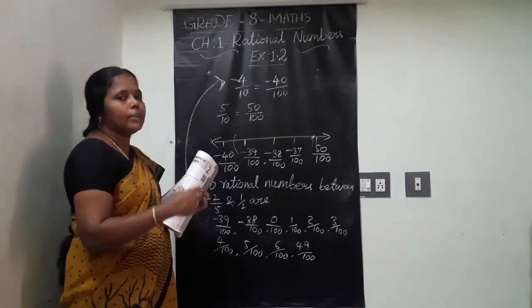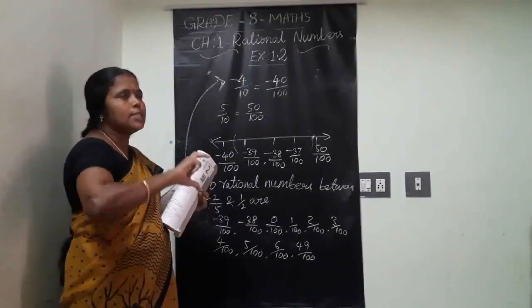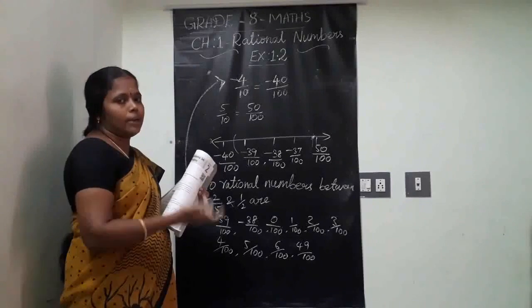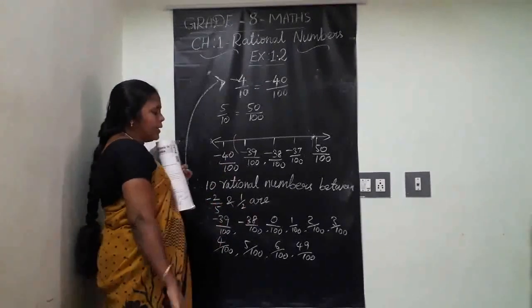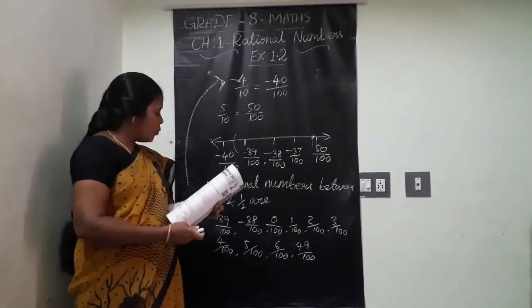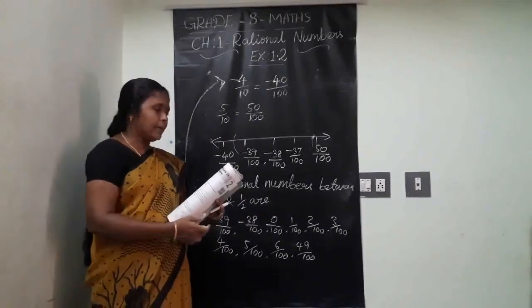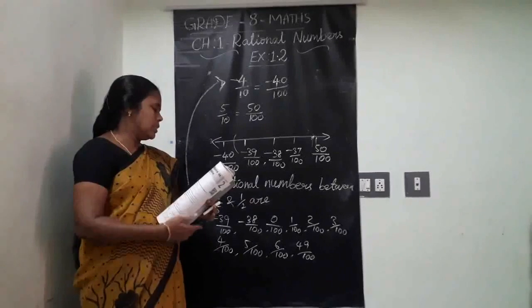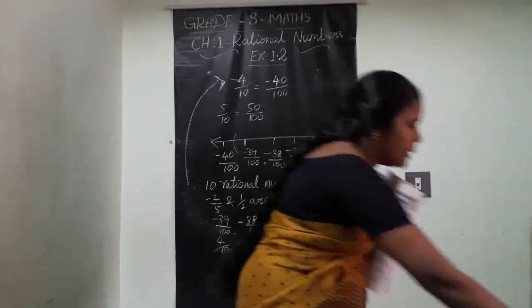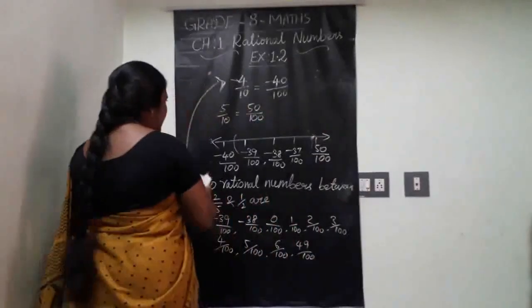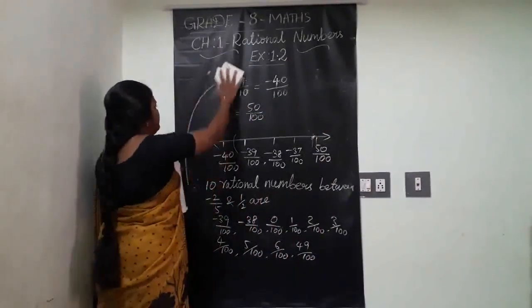So what I did, without changing that value, I just expanded it. Clear? A little bit bigger level. And then we have taken 10 rational numbers. Clear? One more method is also there for finding rational numbers between any two rational numbers. In the next section, I will try another method. Copy down neatly in your classwork note.